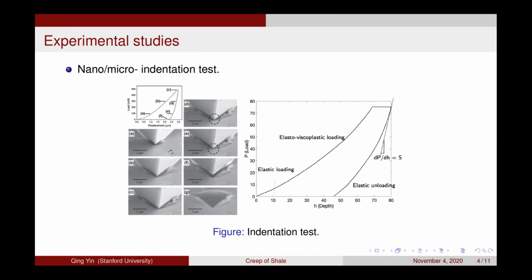Depending on the indentation depth, the indentation test can be characterized into nano and micro. For example, if we only indent into the material for several or hundreds of nanometers, normally we will only engage one material phase in the material. And if we indent to several micrometers, then normally we engage a mixture of several components.